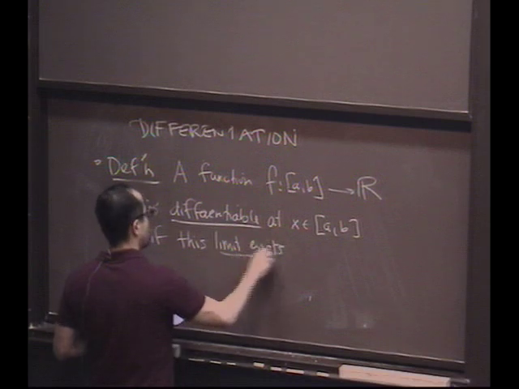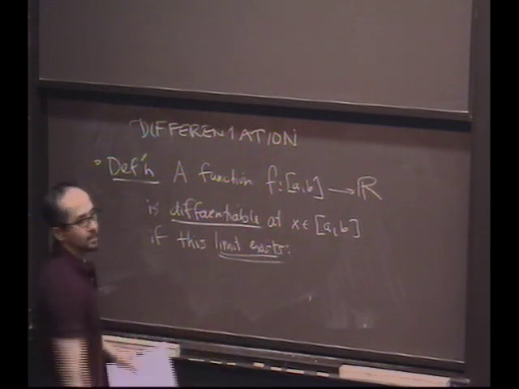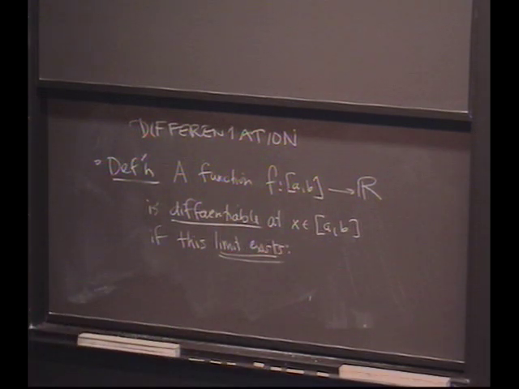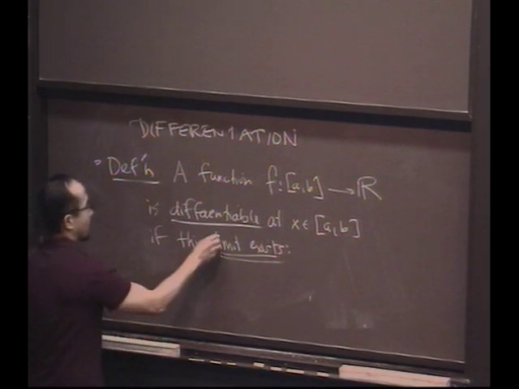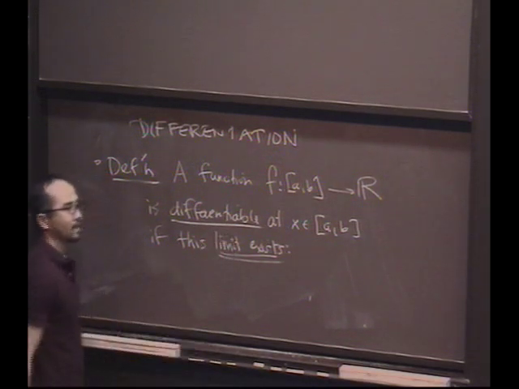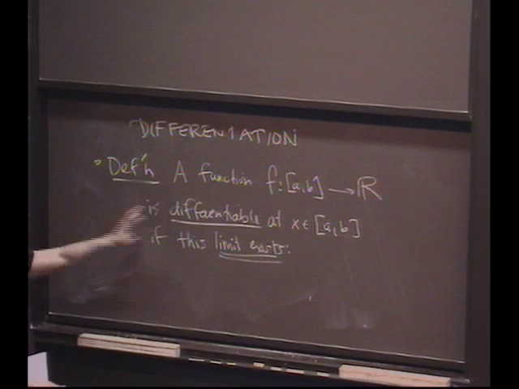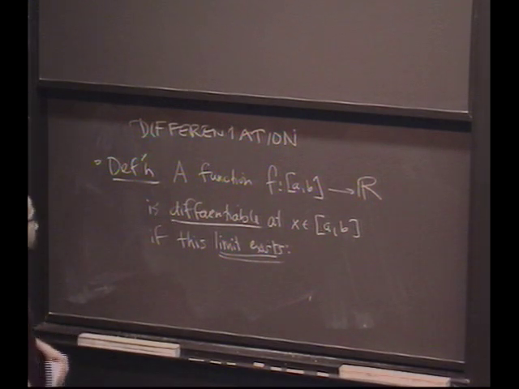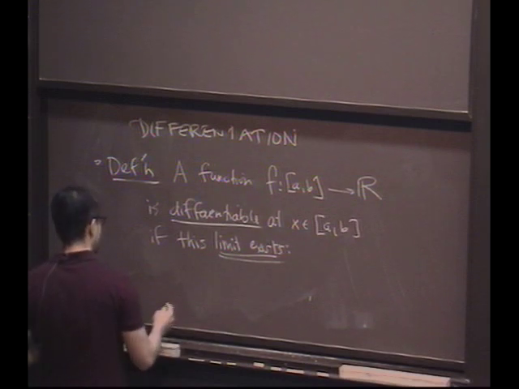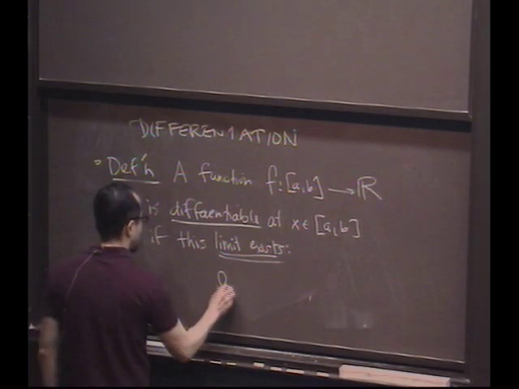Notice that we're going to call this function differentiable if some limit exists. And so the concept of taking the limit of some function is very important in this definition. So what function am I going to take the limit of?